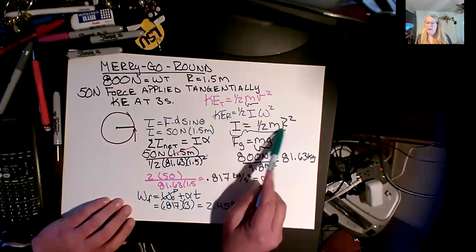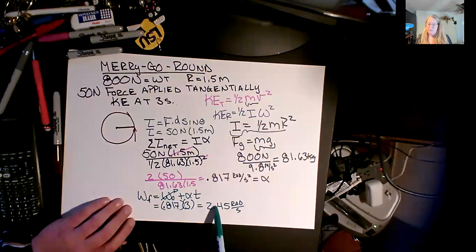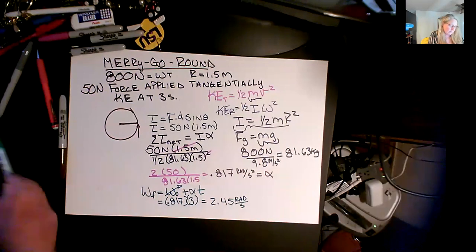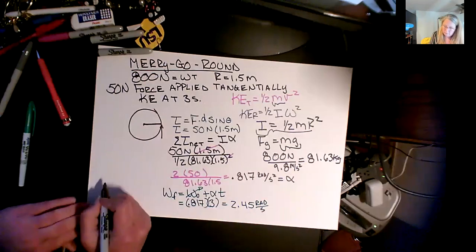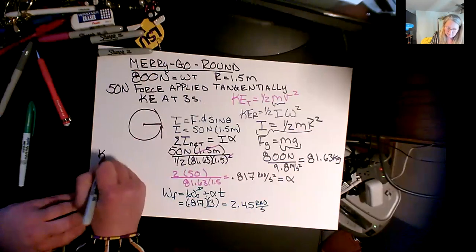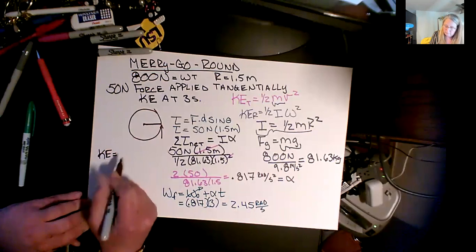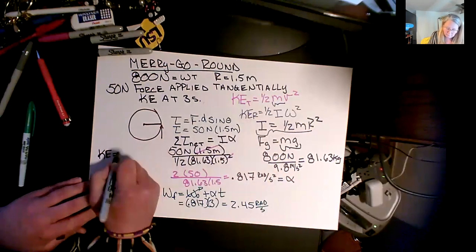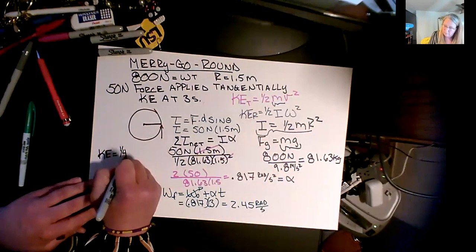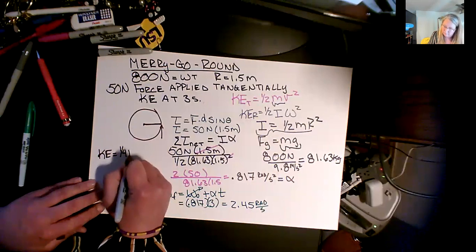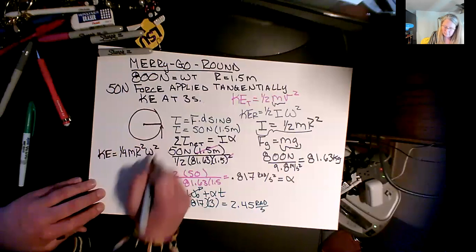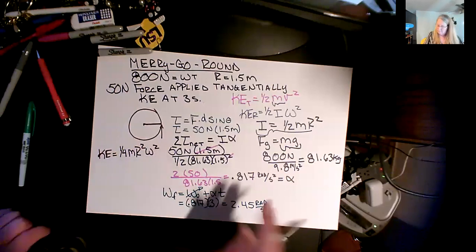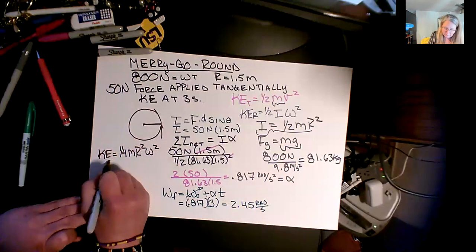And then mass, radius squared, omega squared, well, we just figured that out. So it is now just putting all these things in. My rotational KE then is 1/2 times 1/2, so 1/4 m R squared omega squared. There we go. So that's simplified down nicely. Now let's put in some values.